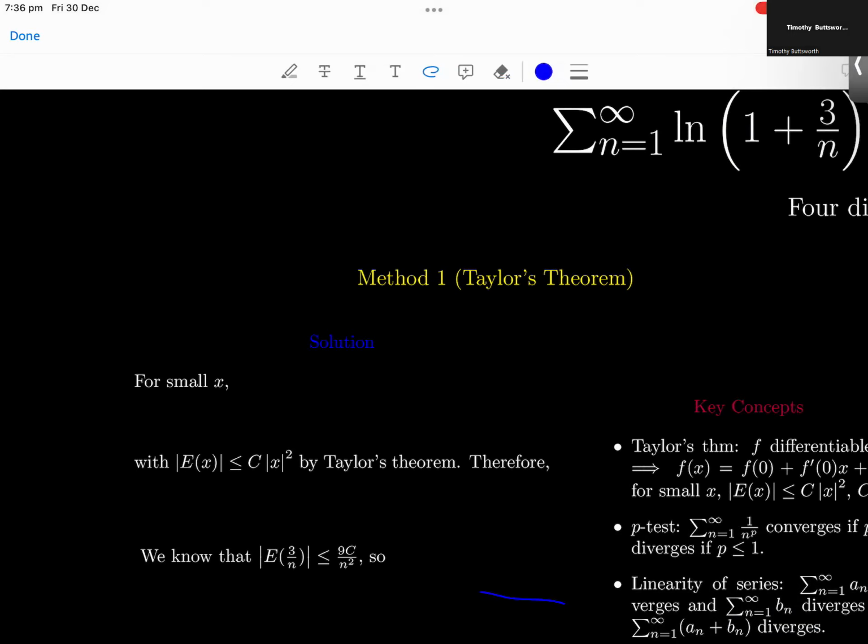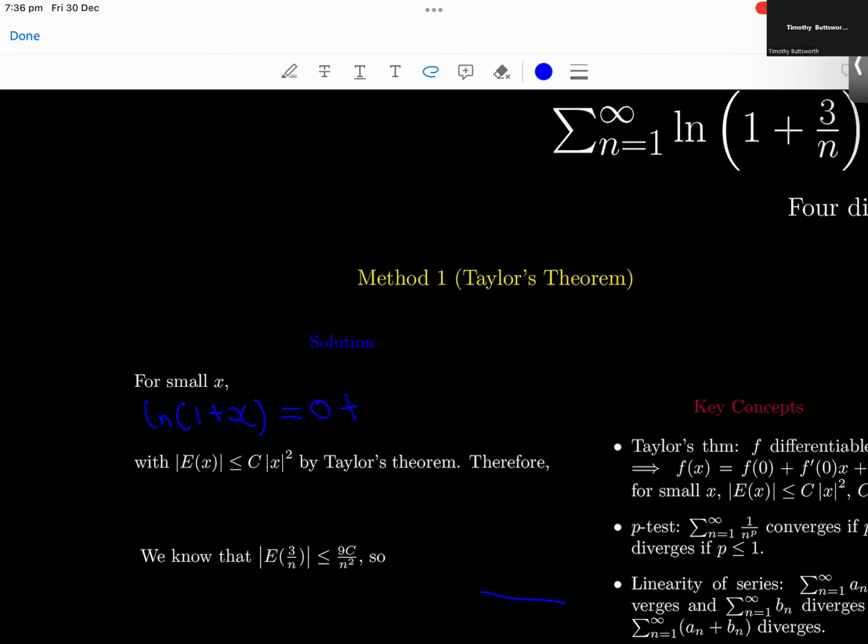So for small x, what can we say? Well, the natural logarithm function, 1 plus x, is actually differentiable at x equal to 0. We know that the derivative of the natural logarithm of 1 plus x is 1 divided by 1 plus x. So when x is equal to 0, the derivative is just equal to 1. The function itself is equal to 0.